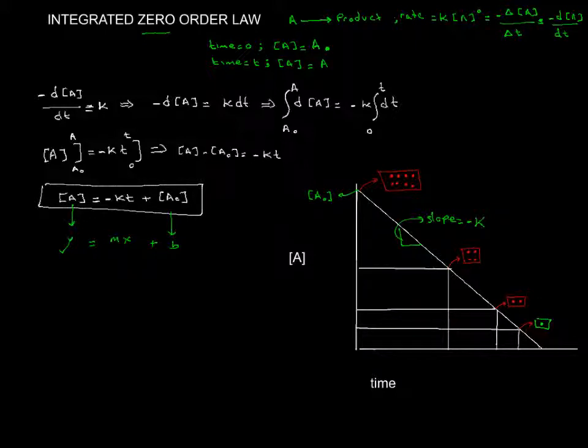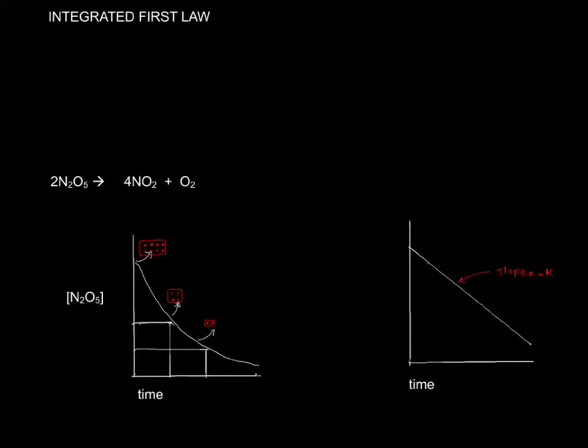Let's look at first order. The same concept applies, but this time we have rate equals minus dA over dt. Since it's first order, it's equal to k times A to the power 1. So I do the same thing: I take A to the left-hand side, so I have dA over A, which is like 1 over x dx.